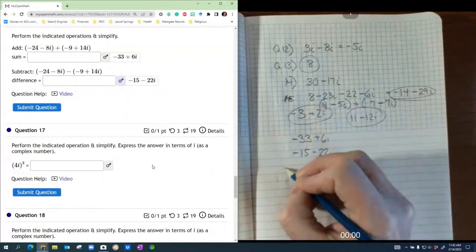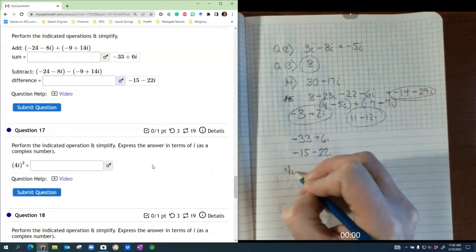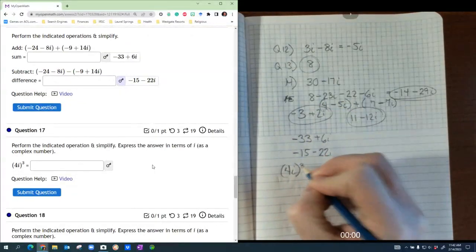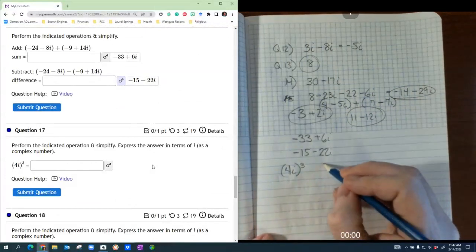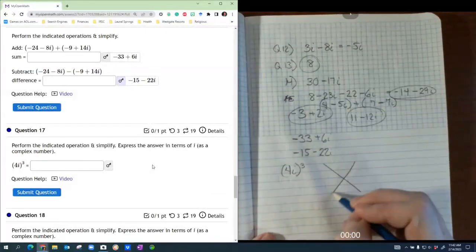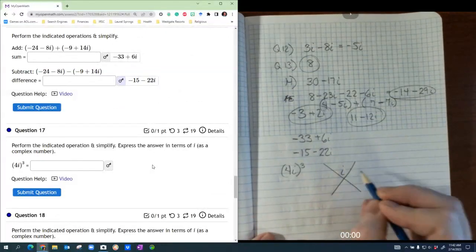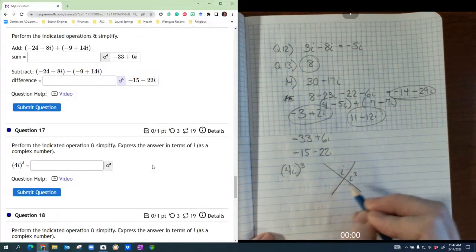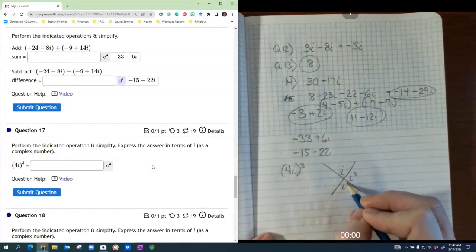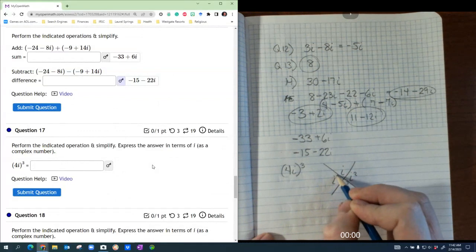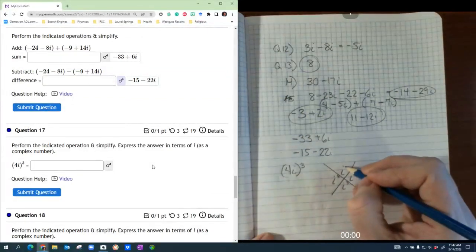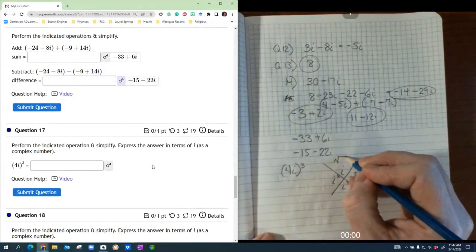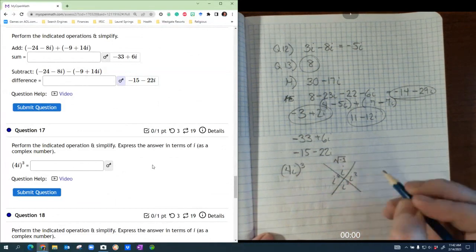Now, when you're looking at this one, I think of i in terms of the wheel. We have i, and then we have i squared. We have i to the third, and then we have i to the fourth. i, as we discussed, is the square root of negative 1, right?